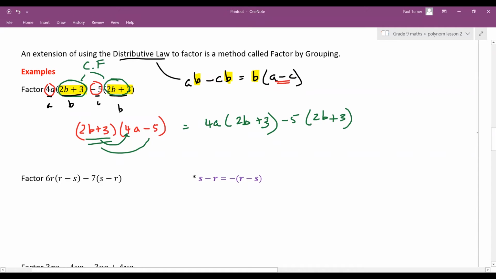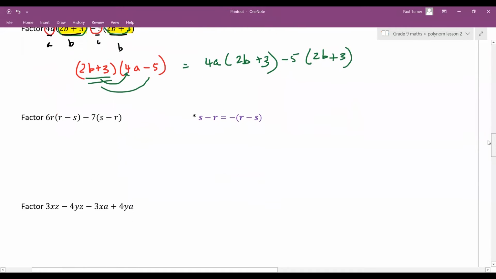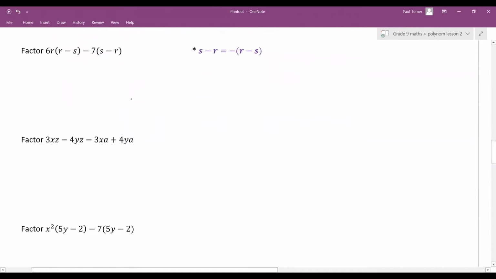But in the next question, and you do see this sometimes, you've got this rule here, which is very useful. So for example, if you had 3 minus 4, it's not the same as 4 minus 3, is it? Right, they're different. 3 minus 4 is minus 1, 4 minus 3 is 1.